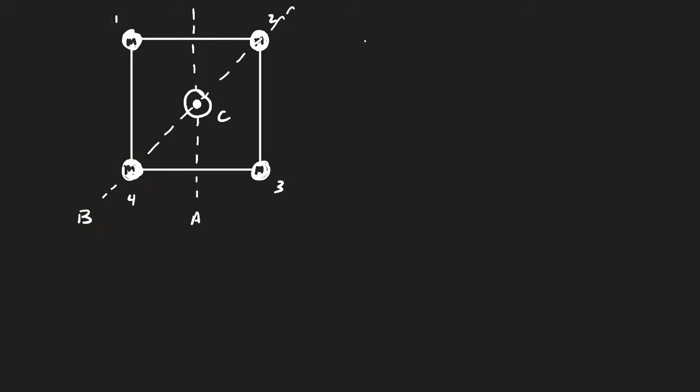Let's consider the moment of inertia about axis A. Can we agree there's a little bit of symmetry here? So I think we can exploit the symmetry. Let's say, since it's a square, that the length of a side is s. Then the moment of inertia about axis A is going to be 4 times whatever the moment of inertia is for mass 1.